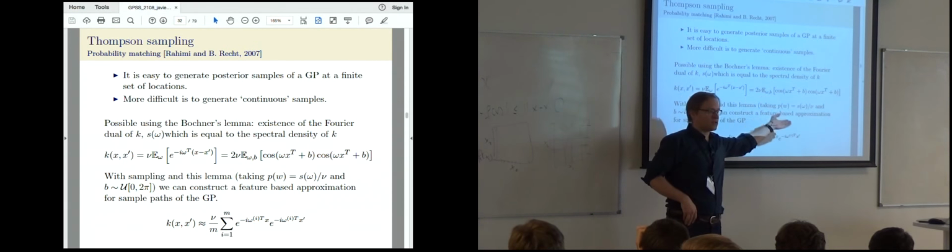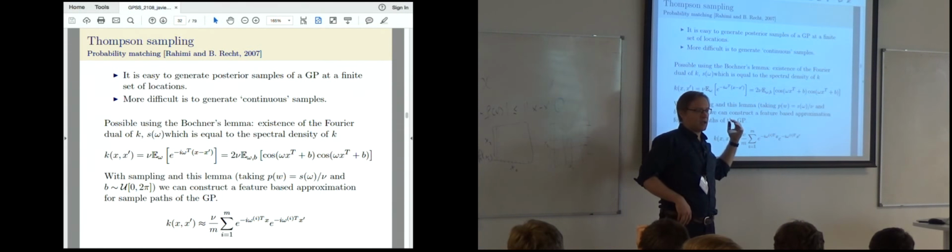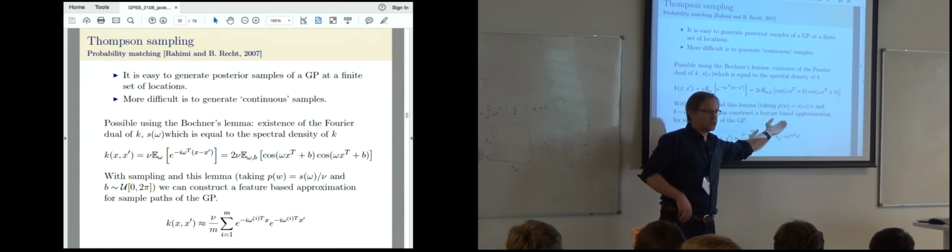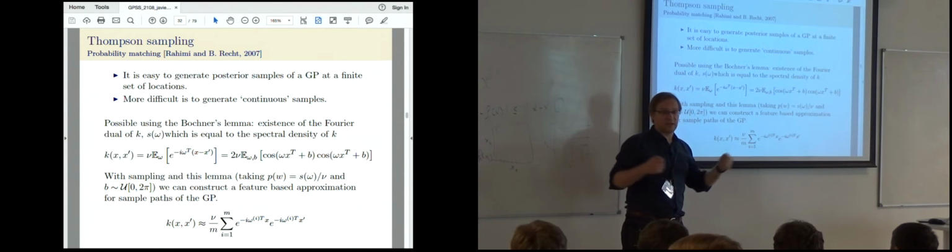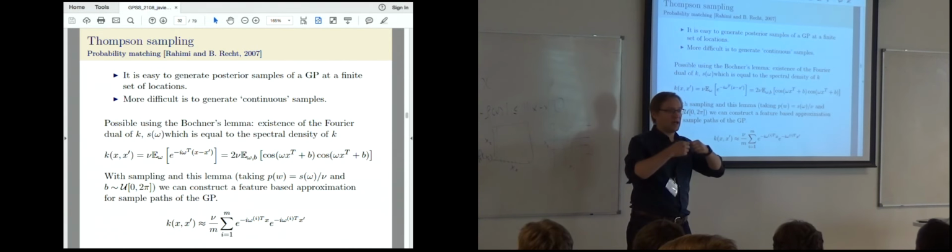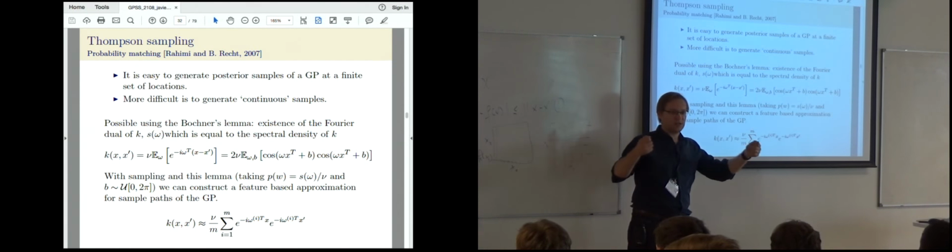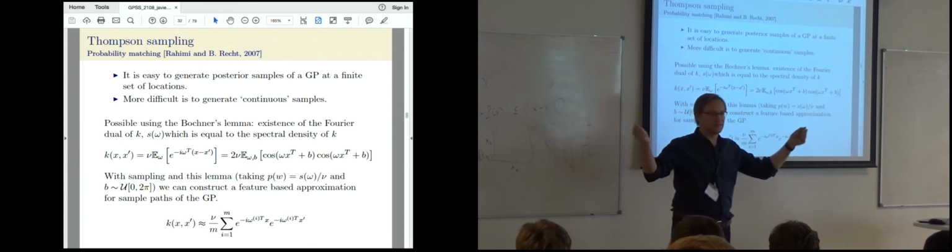Where the measure for a Gaussian kernel is going to be Gaussian, so you are going to have a representation of the GP in terms of a basis of function, a finite set of functions, which means that it's going to be approximated, because in the GP you're going to have infinitely many of them.